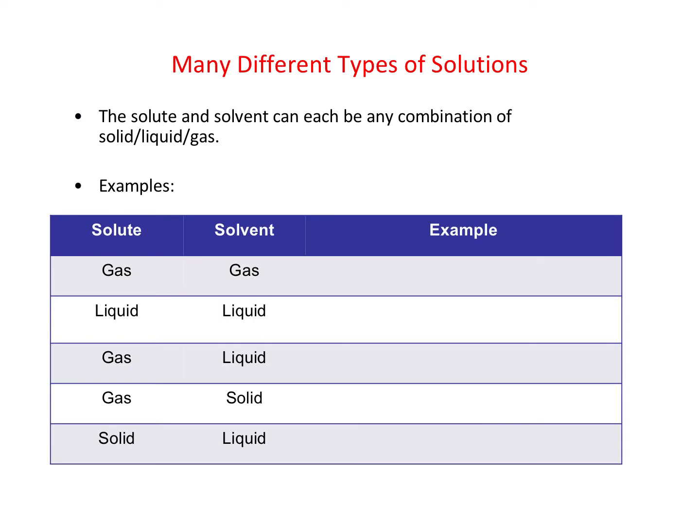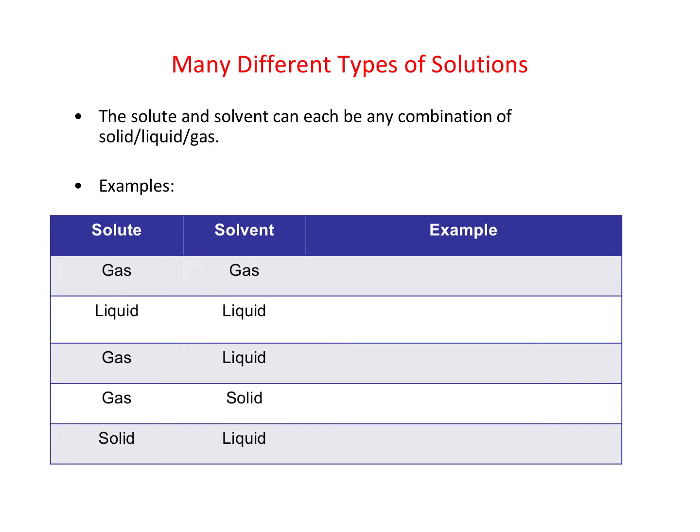Now, as I said in the previous slide, a lot of the solutions that we've dealt with in this course and in lab, water is the solvent, and then we often have ionic compounds dissolved in that as the solute. But it doesn't have to be the case. The solute and solvent can each be any combination of the common phases.